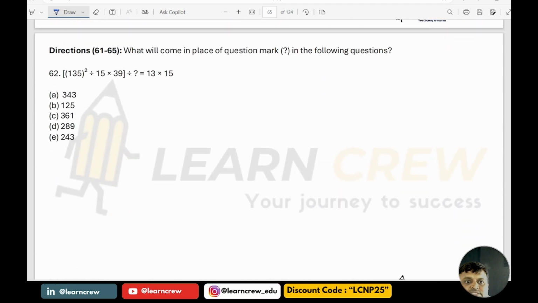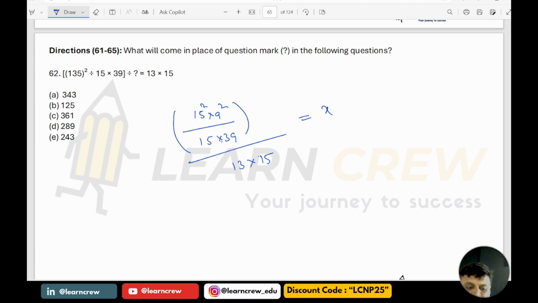Next. 61 to 65. Again based on simplifications. 135 square by 15 into 13. So if you understand here, it is 15 square into 9 square by 15 into 39, divided by 13 into 15.